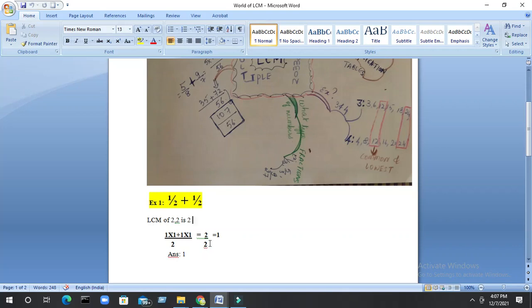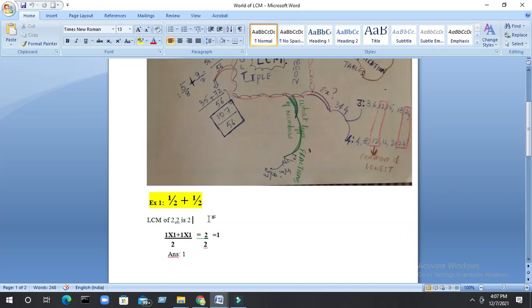Let us look at it through our LCM concept. Now take the LCM of 2 and 2, which is 2. Why is the LCM of 2 and 2 equal to 2? The numbers for which we are finding the multiples are both 2, and among the multiples of 2, the lowest is 2 only. So take that LCM and start working.